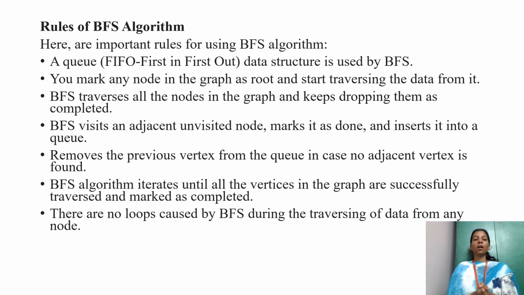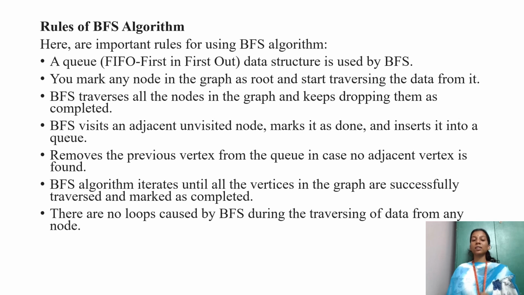First, it follows the queue, that is a FIFO principle, first in and first out. If we mark any node as the root, we can start traversing from there. After traversing all the nodes, it drops them as completed.